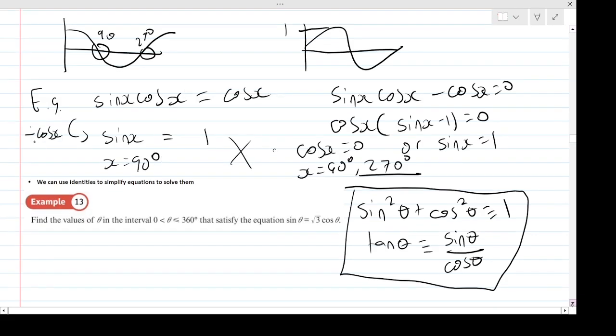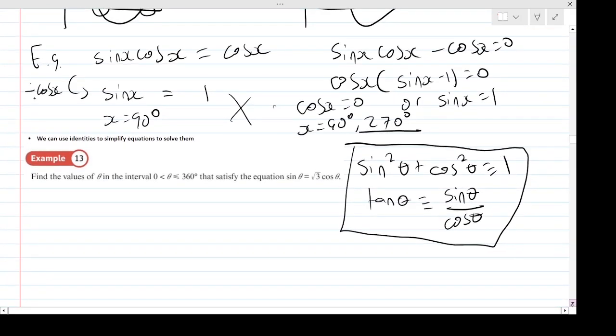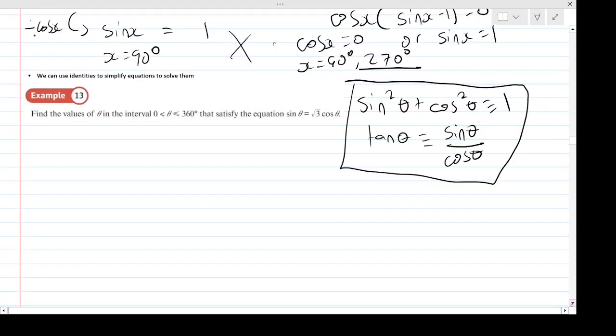Now, with that in mind, let's have a look at this equation then. We have sine theta is equal to root 3 cos theta. Now, try and look at the identity and see what we can do there. And again, my first tip, as I said, is to look at factorising.